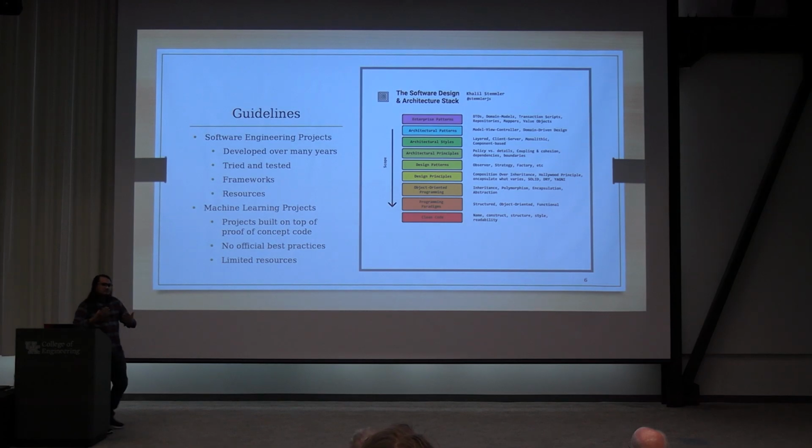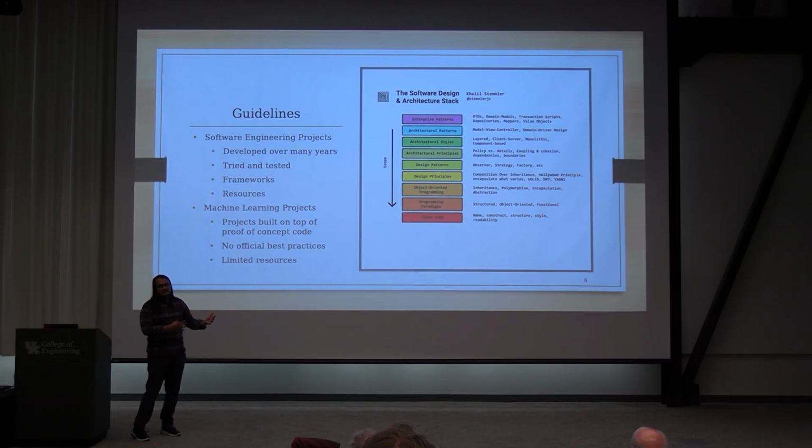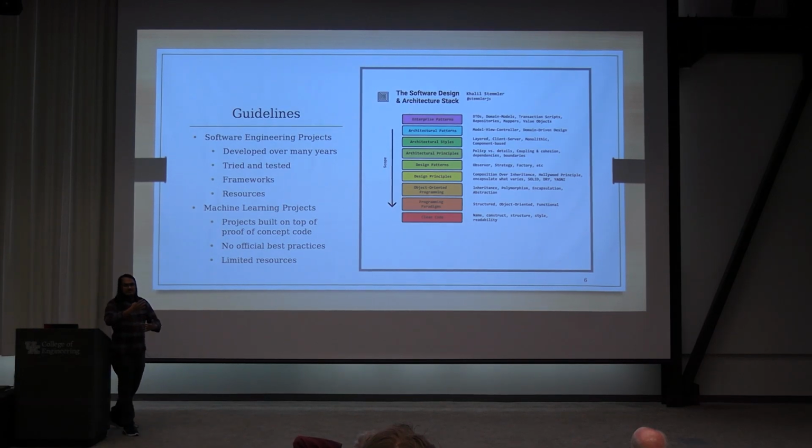But when we come to machine learning projects, machine learning hasn't been there as long as software engineering has been there. So it definitely has fewer resources, fewer people working on it compared to software engineers. So basically there aren't too many guidelines. Normally, whenever you start a machine learning project, you first do a proof of concept code, and if that works well, then you continue on that.